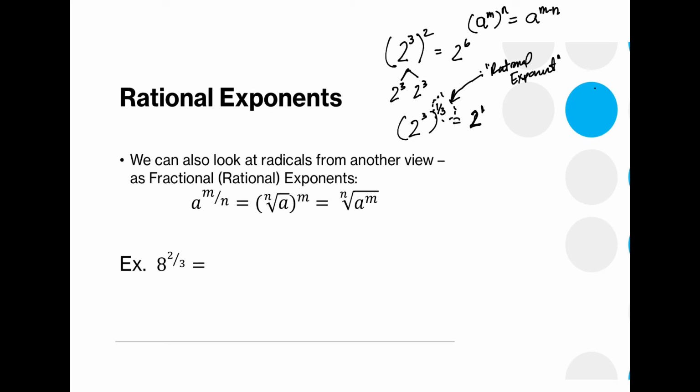is a radical, just in a different form. So a to the m over n, m over n being a fraction, is equal to the nth root of a to the m power, or a to the m, nth rooted.